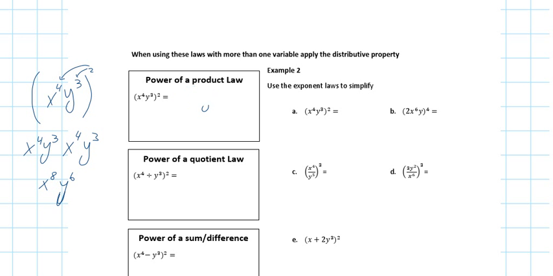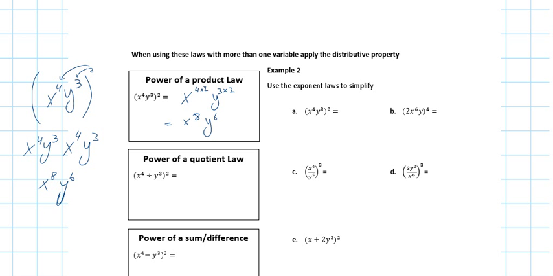Again, you can skip that middle step and go right away to the last step. Do we get this? Do we understand what's happening here? So this would be this right here.